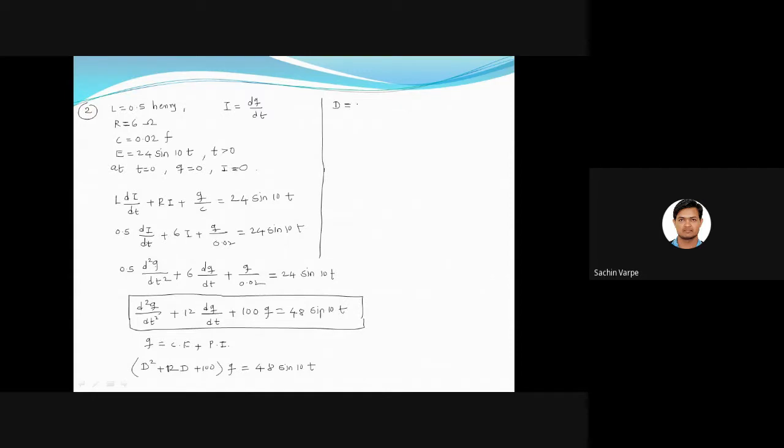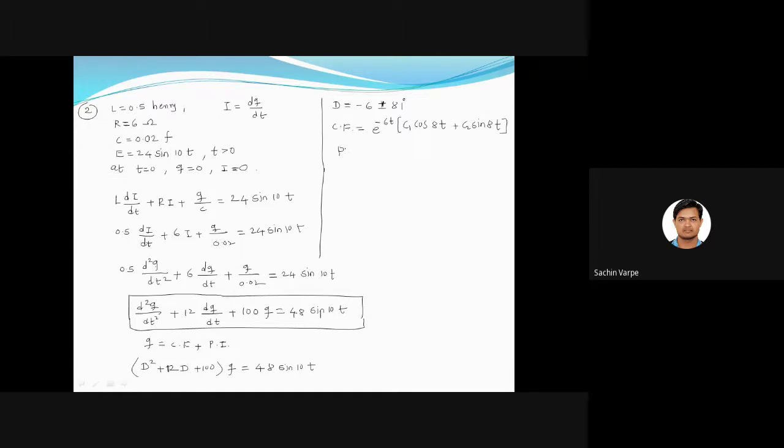Can you tell me the roots? Minus 6 plus or minus 8i. Okay. So with this, the complementary function, as the roots are complex, imaginary roots, therefore e raised to minus 6t (c1 cos 8t plus c2 sin 8t).